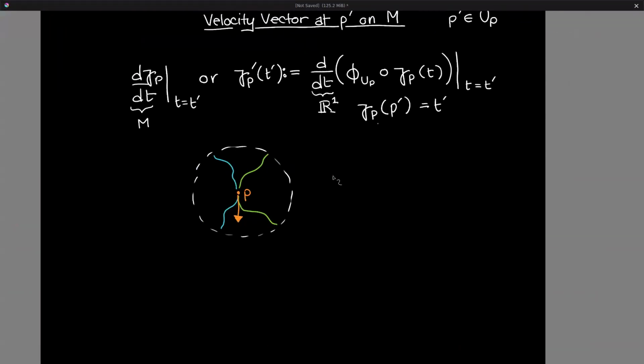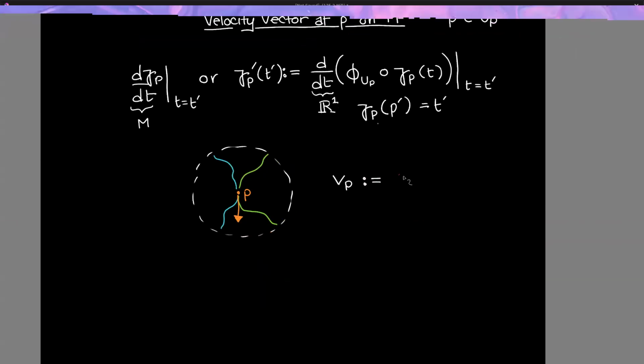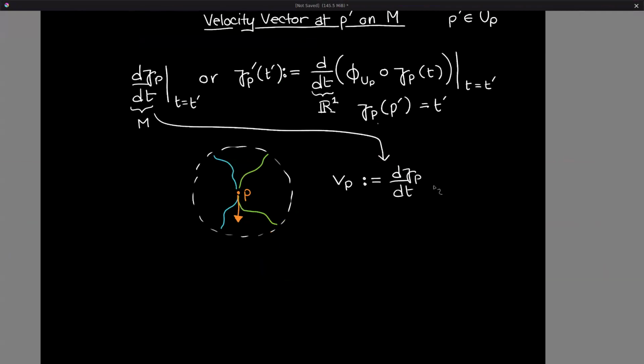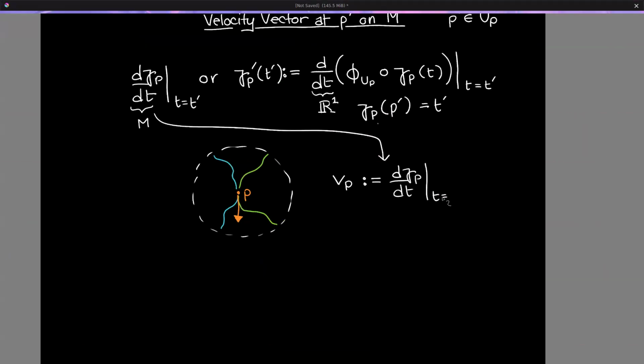So what we say is that Vp, that's our velocity vector, is defined to be d gamma p dt at t equals 0, because now we're talking about only the point P. For a parameterized curve centered at P, we're focusing on the velocity vectors at P. That's the reason why we made that distinction in the first place.